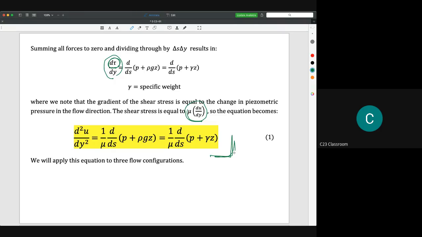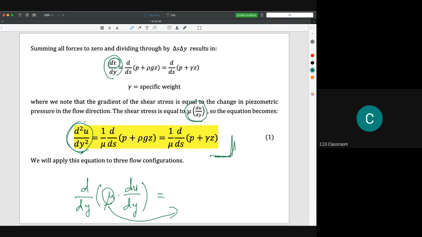It becomes du dy here because we have d over dy, and then we have mu times another du dy. Then we bring the mu to the right hand side, and now we have d square u over dy square. This term is actually this term and this term. This is the simplified version.